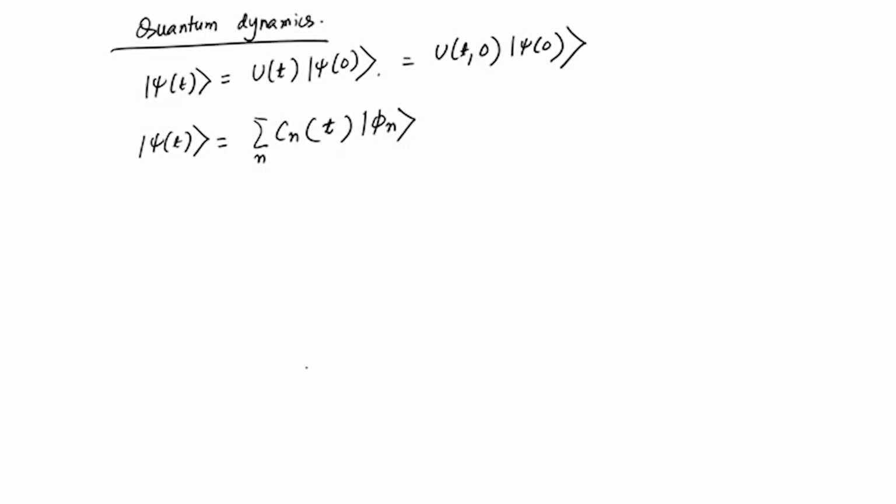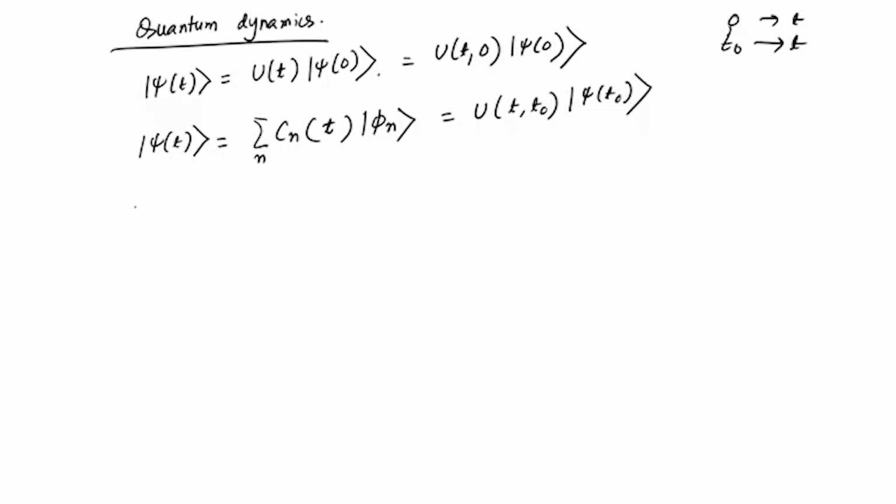And so, this is nothing but U of t, t 0, say, so that it is not always 0, acting on psi of t 0. Okay. So, you are evolving it from a time t 0 to a time t, or you can evolve it from 0 to a time t. It does not matter, we have just written it that way to make it more general.